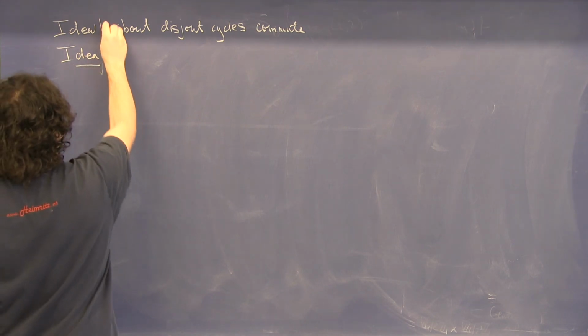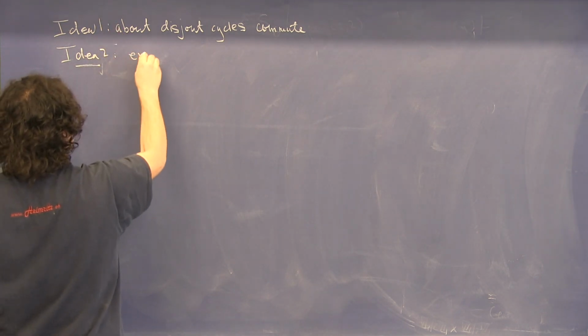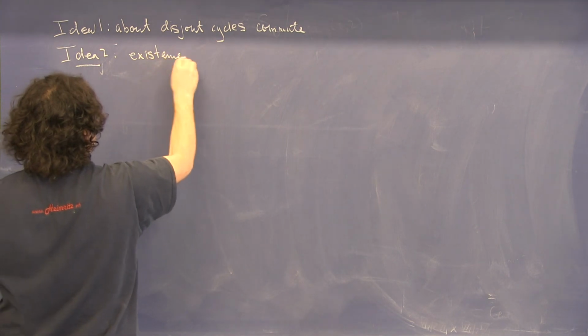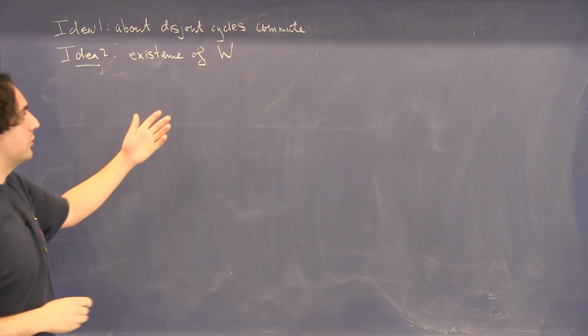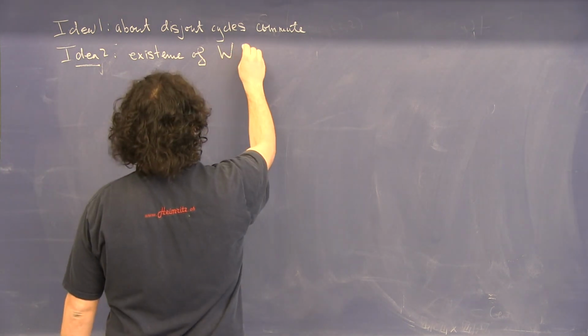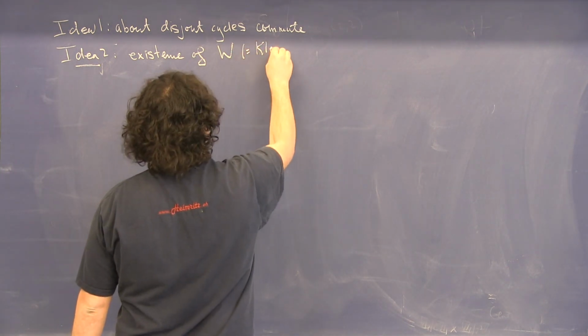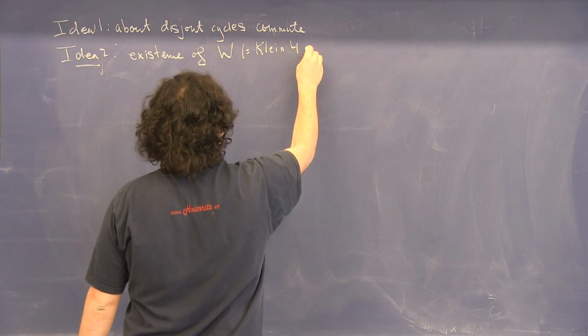Idea 2 was not so much an idea as the existence of this subgroup W that is sometimes called the Klein 4 group.